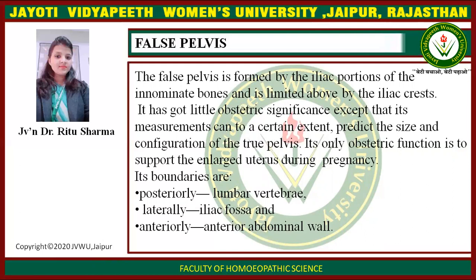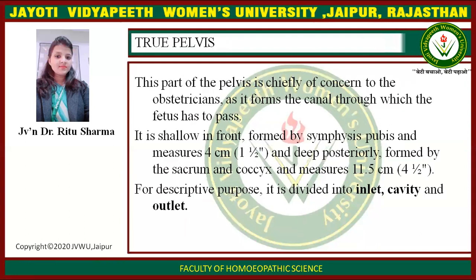Its only obstetric function is to support the enlarged uterus during pregnancy. Its boundaries are posteriorly the lumbar vertebrae, laterally the iliac fossae, and anteriorly the anterior abdominal wall. These are the boundaries of the false pelvis and true pelvis.